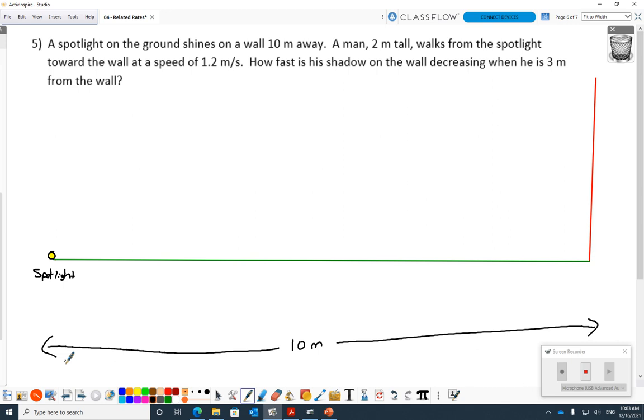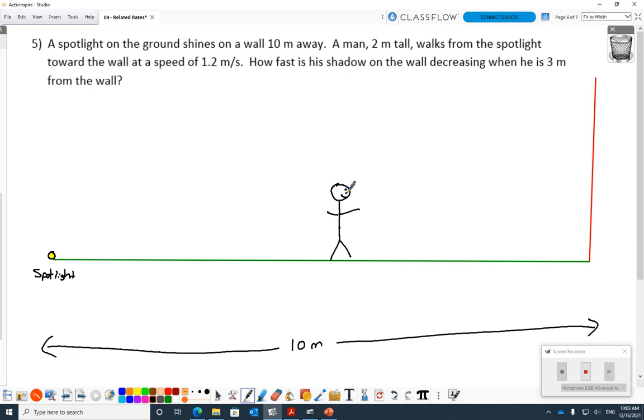A man 2 meters tall walks from the spotlight towards the wall. Here's the man. See, I put his face on so you can see which way he's going. Towards the wall at a speed of 1.2 meters per second. How fast is the shadow on the wall? Oh, shadow.